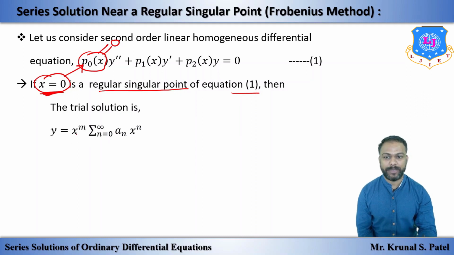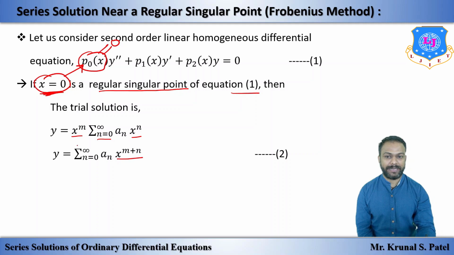Okay, so if x is equal to 0 is a regular singular point, then the trial solution is given by y is equal to x raised to m sigma n is equal to 0 to infinity a n x raised to n. Now we multiply this with this x, so we have x raised to m plus n and summation as it is. So this is our equation number 2. Now we will differentiate this y with respect to x 2 times, because we need y dash and y double dash.